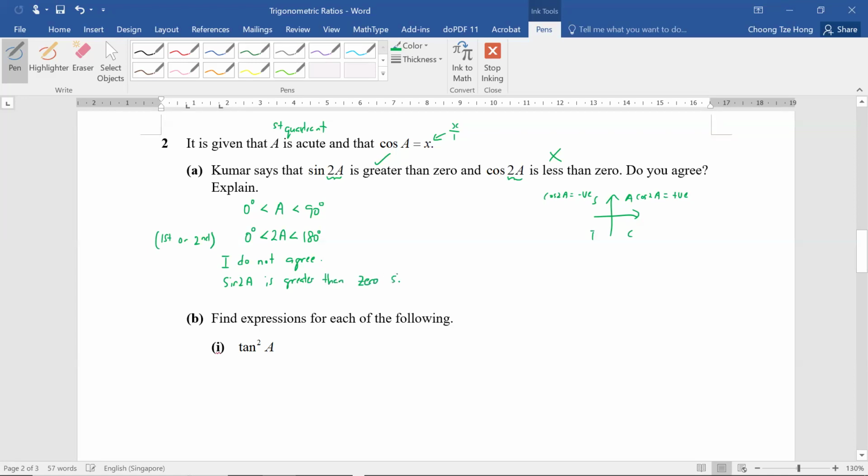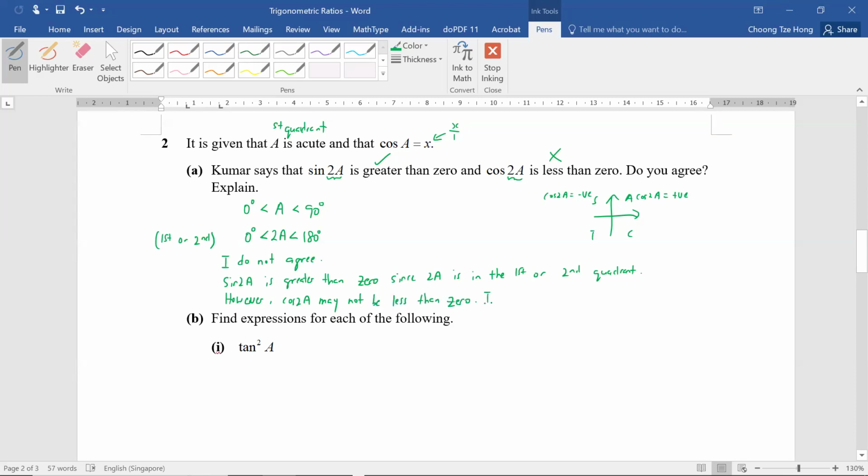Since 2a is in the first or second quadrant, however, cosine 2a may not be less than 0.